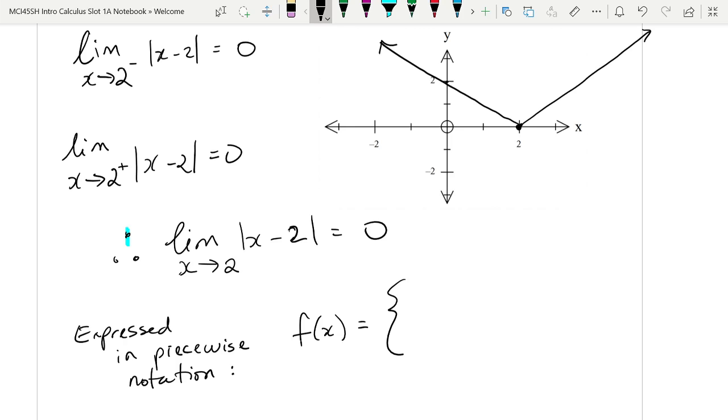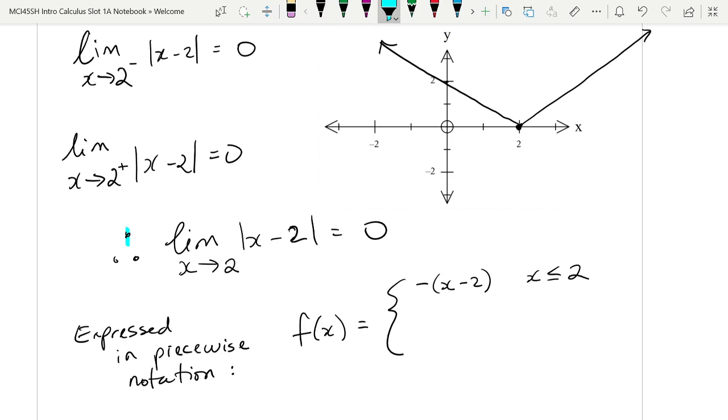Okay, so this line here is the opposite of x minus 2, and that would be how much it is when x is less than or equal to 2.